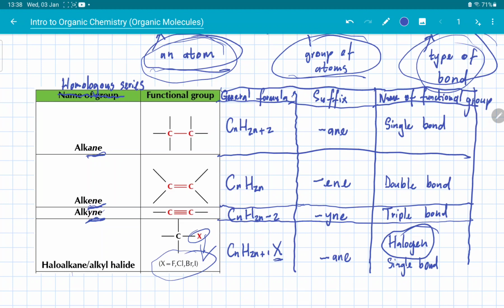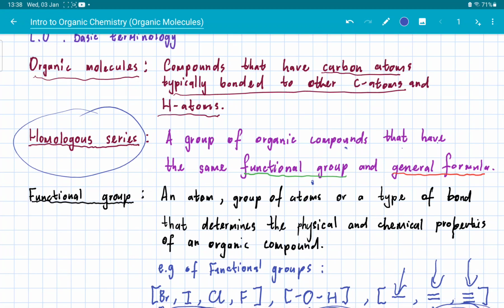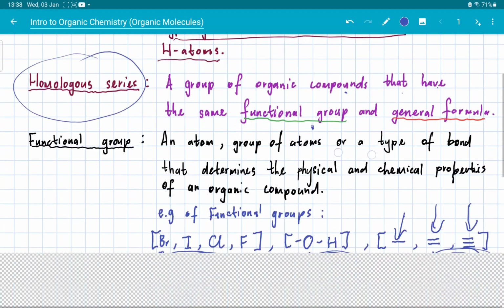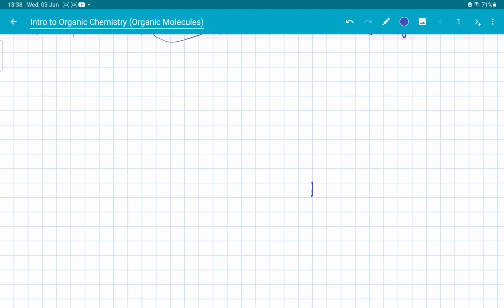So let's make examples, depending on the homologous series and also the functional group. When we name molecules, we use a prefix.